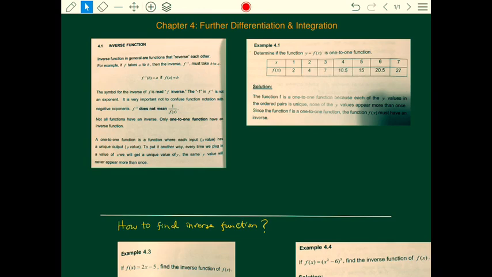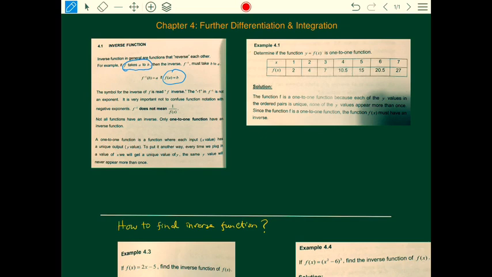So let's see what is an inverse function here. As stated in your module, if f takes the value of x into b, what does it mean here? f takes a to b.